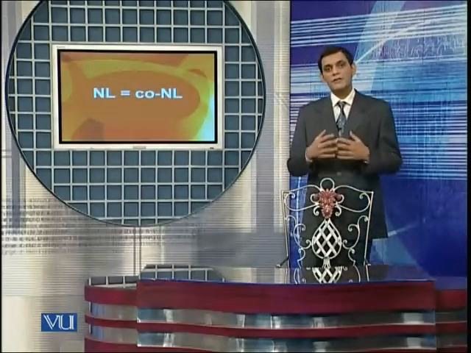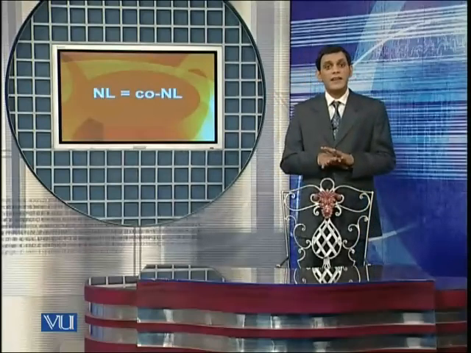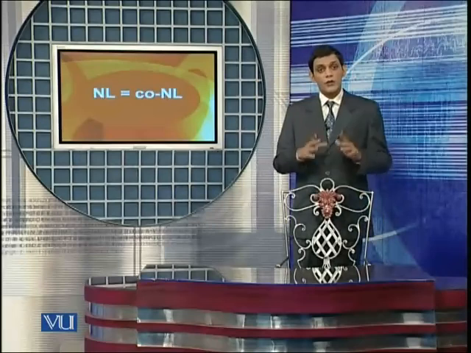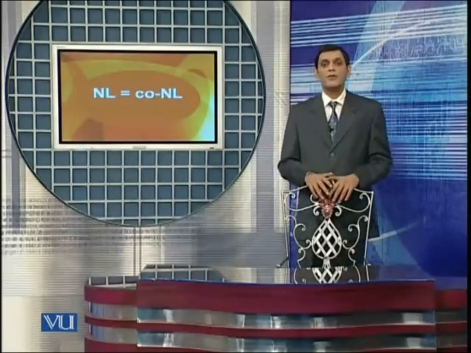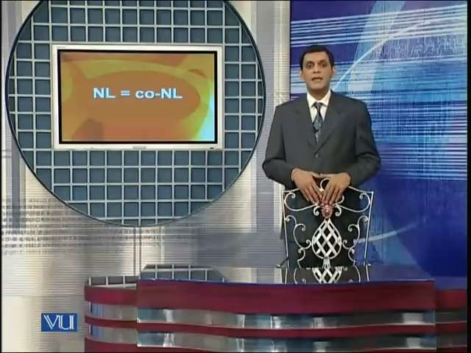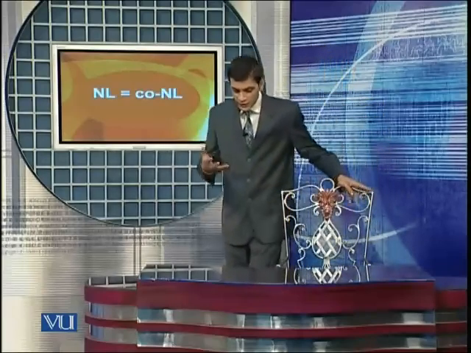And thirdly, you have to tell me where the head position is on the input tape. Notice that the input does not change. So the contents of the work tape and the positions of the two heads completely determine what the configuration of a space-bounded Turing machine is.